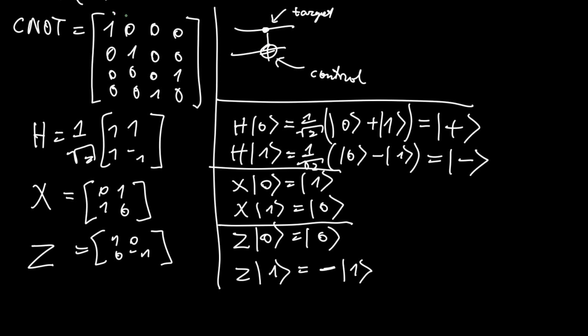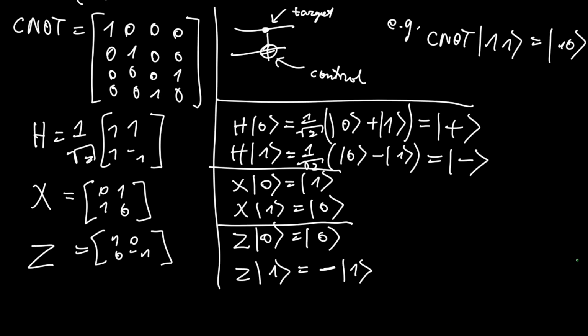And as you can see here, 00 stays 00, 01 stays 01, 10, because this is 1, changes to 11, and 11 changes to 10. Example, CNOT 11 becomes 10, like that.